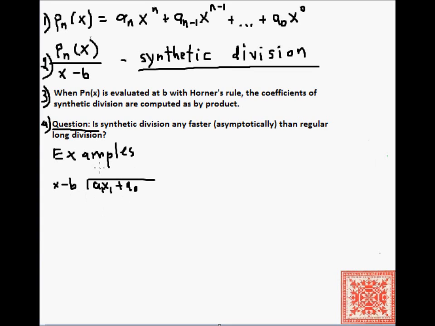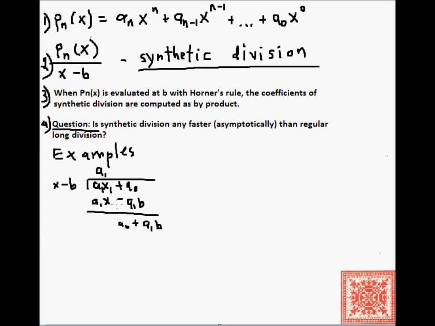The first factor is a1, obviously, so the first coefficient, if you will, and here we have a1 times x minus a1b, and so we subtract this a1x minus a1b from a1x plus a0, and we get a0 plus a1b. Since we're out of the x factors, the division is over.